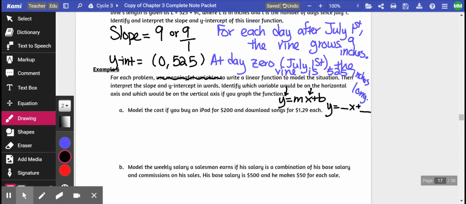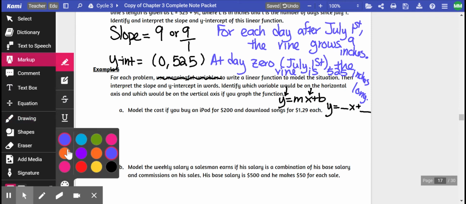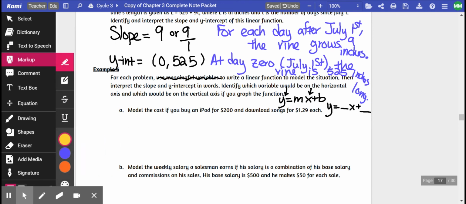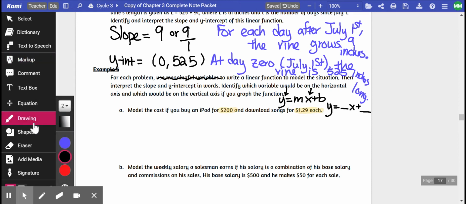All right, so this one says, model the cost if you buy an iPod for $200 and download songs for $1.29 each. All right, so when I read this one, I'm looking at two different values that could get plugged in. Now, the $200 is really just a one-time cost. The $1.29, that word each, clues us into for every song that we download, it's going to be $1.29 more. And remember also, that kind of hints to us that that would be our slope, or m.